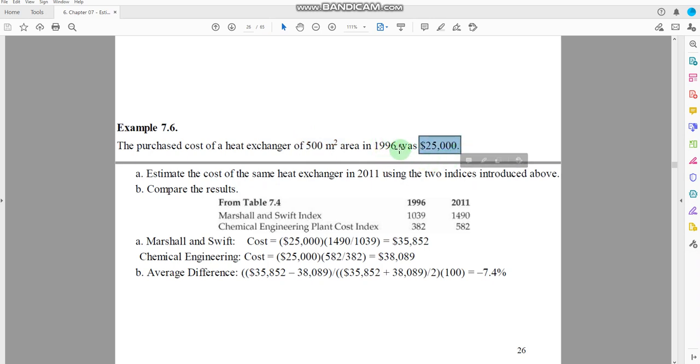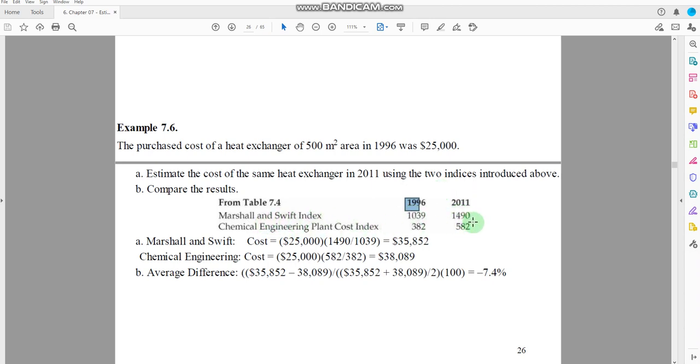Now we have to calculate the cost of the same heat exchanger in 2011. Okay, so we took two cost indexes, one from Marshall and Swift and one from the CEPCI. For 1996, we have these two cost indexes for both of these companies, and then in the year 2011, we also got the cost indexes relevant to each company.